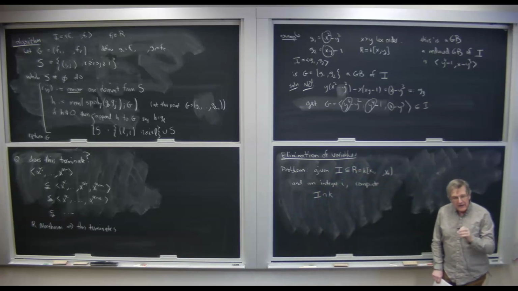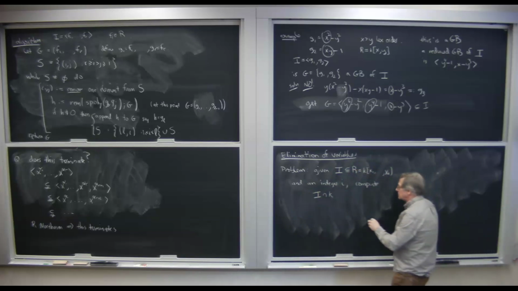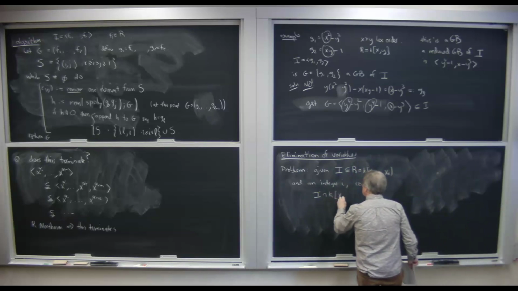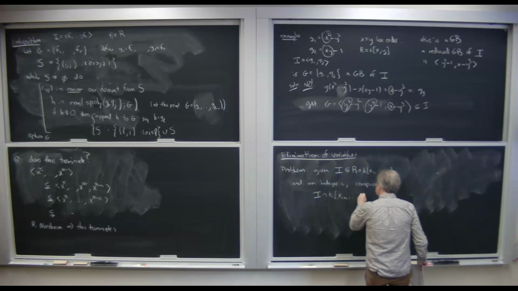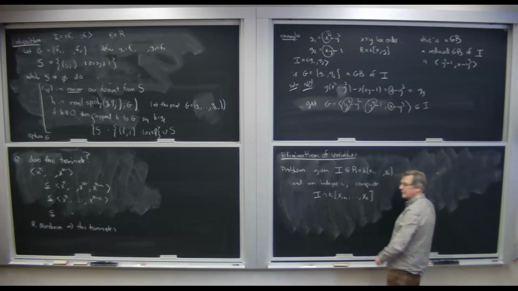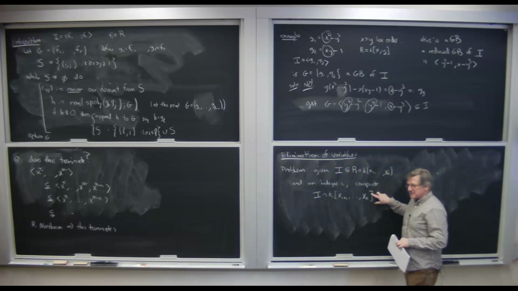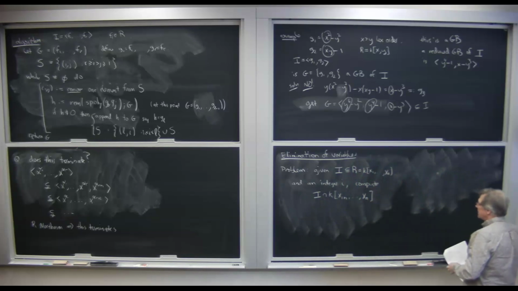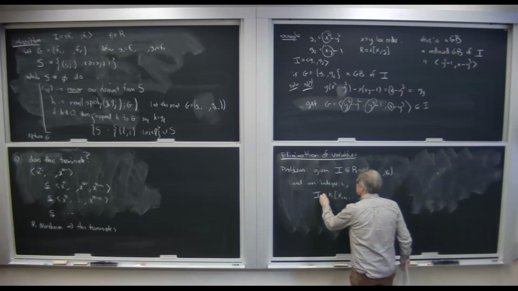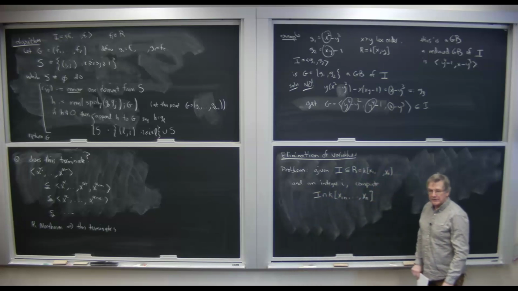I want all the elements of I that don't involve the first i variables, so that's x_{i+1} through x_n. It's hard to imagine how this is a completely, extremely general, really cool thing, but it is. There are lots of ways of using this, but we want to find an algorithm for doing it.